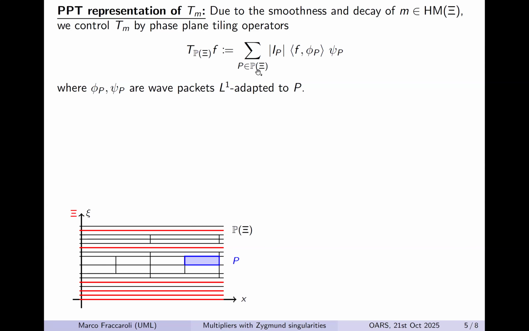From now on, we are going to look at this kind of operators, T peak psi of F, defined in this way. This is a standard kind of decomposition on the time frequency plane.